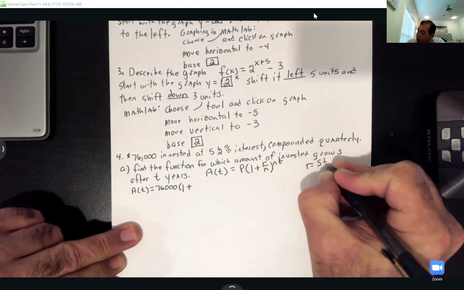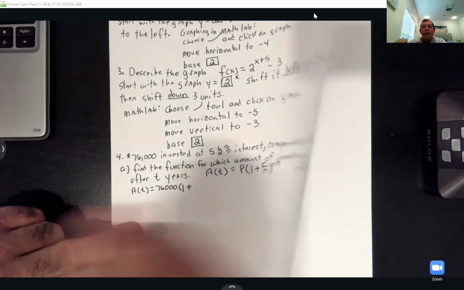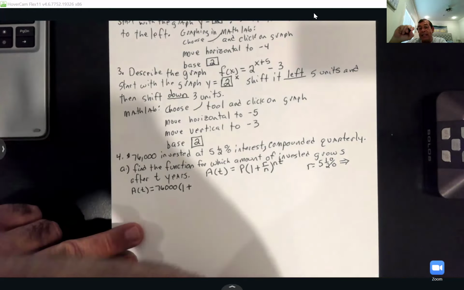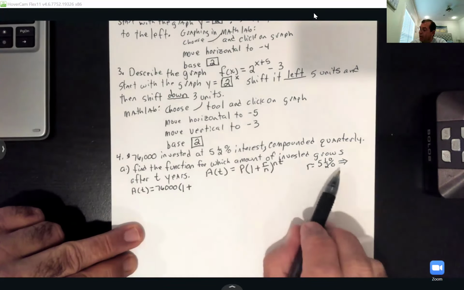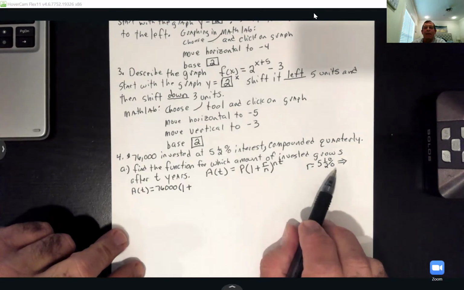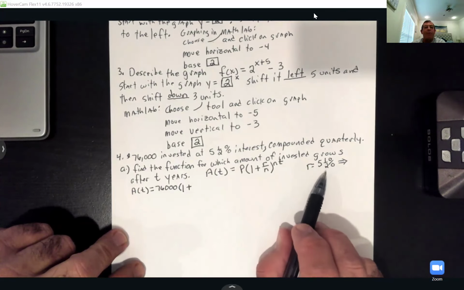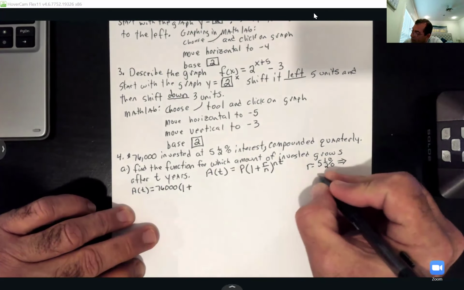So if R is 5.5%, turn that into a decimal for me. Because we want it out of percent, okay? So basically, remember, 5.5% is like 5.5%.